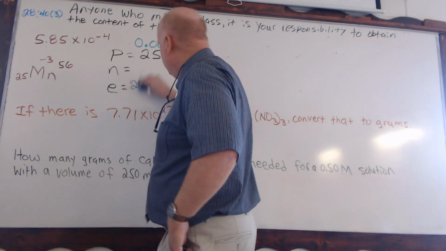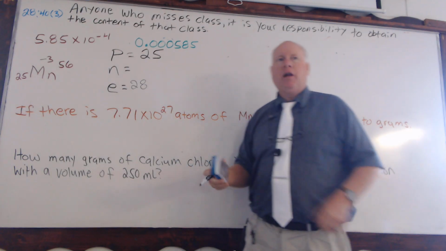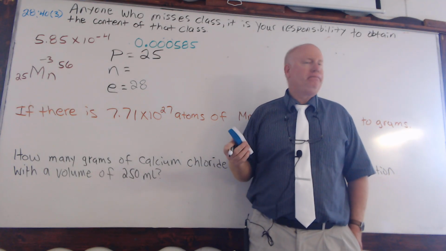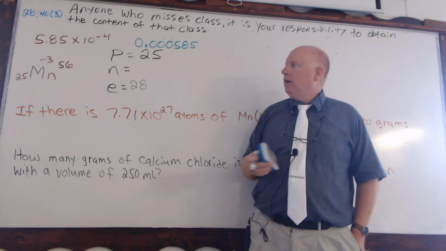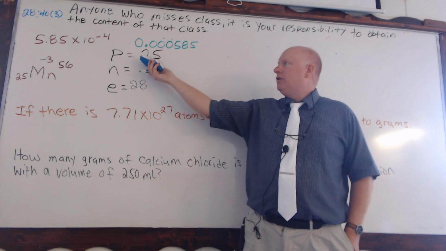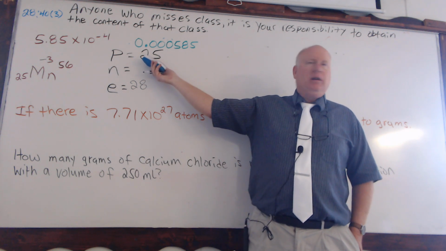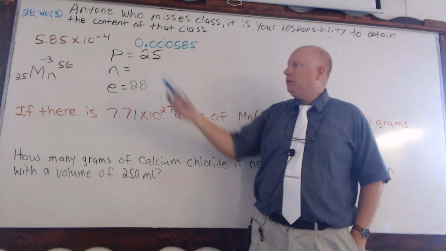Then this would be 28. You've got 3 more negative charges than you do positive charges. Okay, so the electron is the only one that changes when you have the choice? Correct. Because if you change this number to a 26, then you're talking about iron. Because if this number changes, then your element changes. Has to.